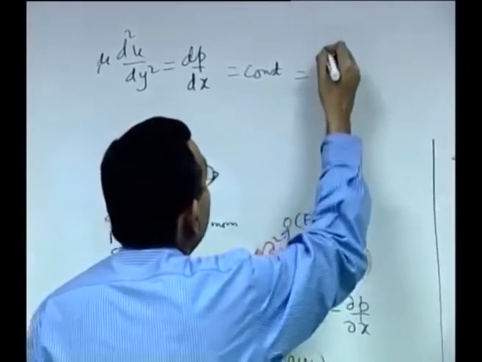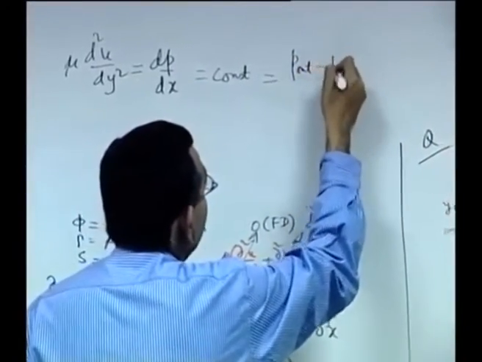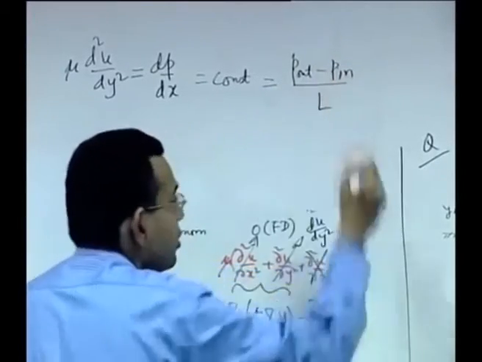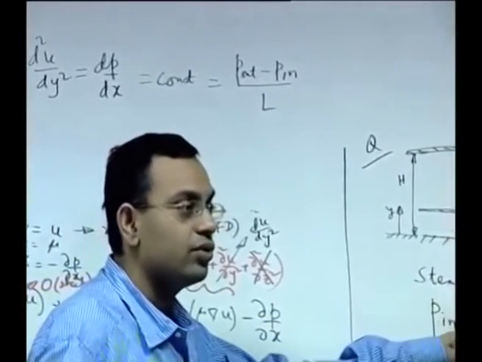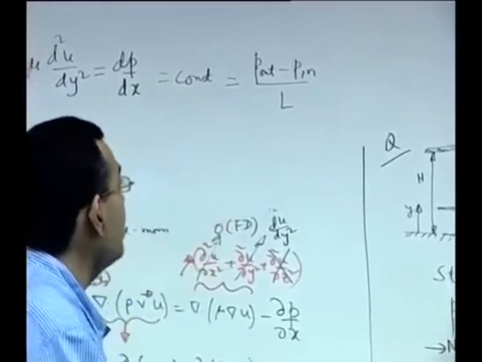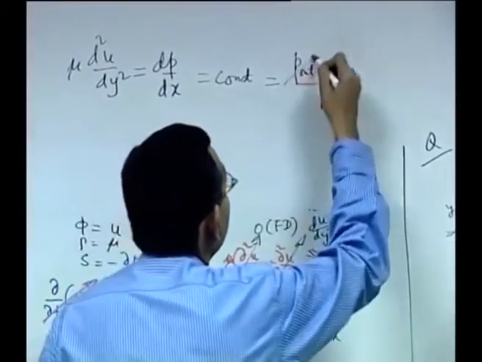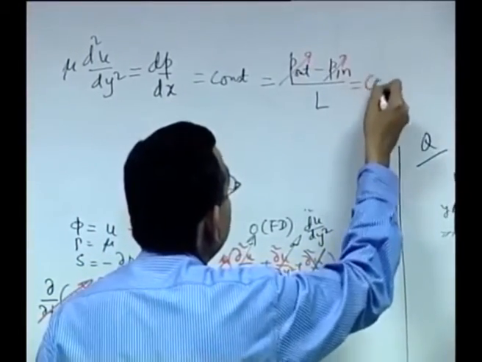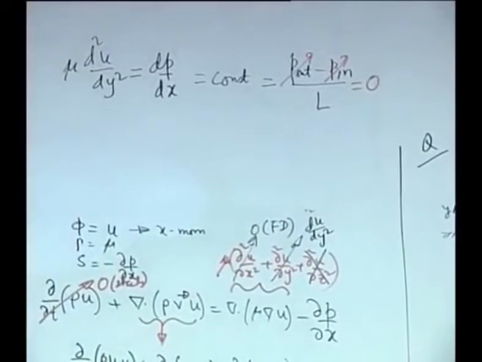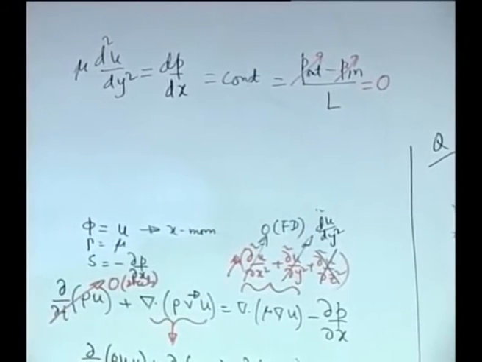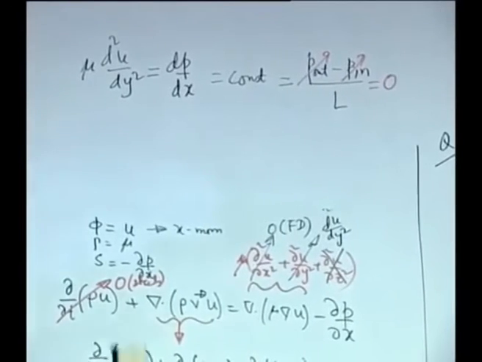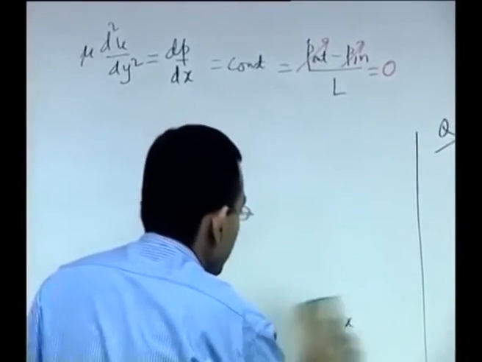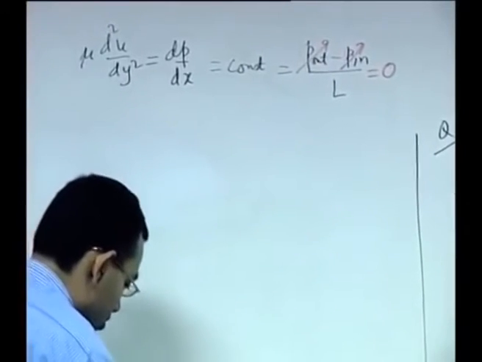So, this is equal to p out minus p in by the length of the channel. Because it is given that the boundary condition p in equal to p out, these are equal, so this is equal to 0. So, finally we are left with the governing differential equation, d2u dy2 equal to 0.